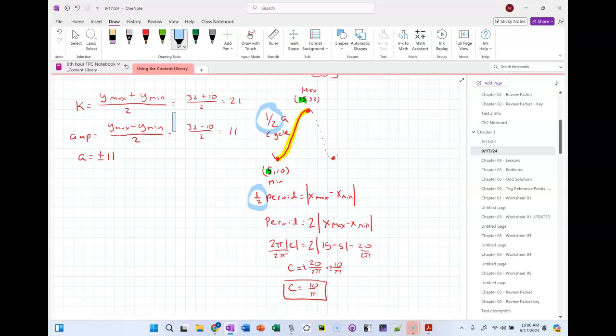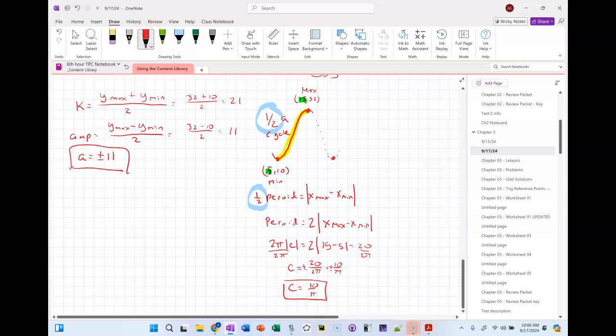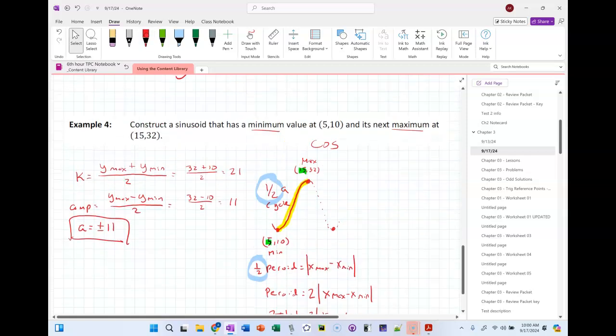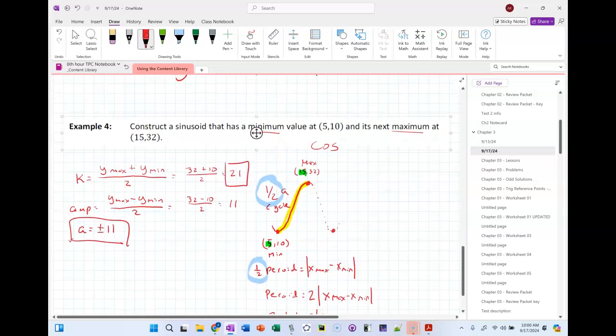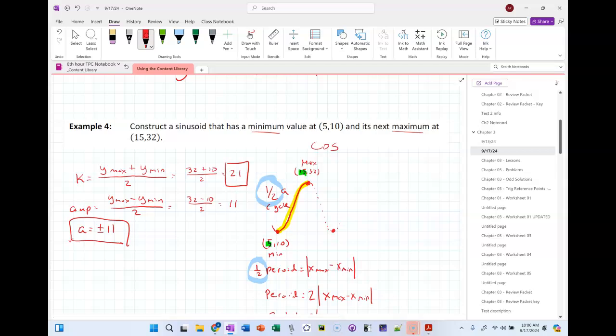Okay. So I have plus or minus a. I have almost my a. I have my c. I have my k. What am I still missing? H. Here's the good news. H is really easy.